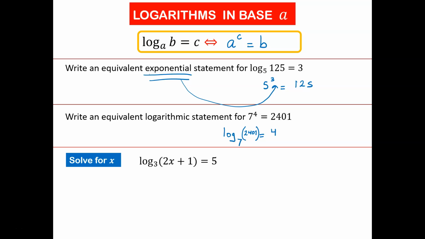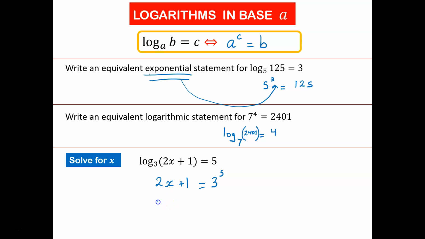Next one. We have over here, we have to solve for x. Well, off we go. For this one, we're going to have to write it as an exponential statement. So I have 3 to the power of 5. Let's write it down. 3 to the power of 5 is equal to 2x plus 1. 3 to the 5, I forgot, so I'm doing my calculator, 243.